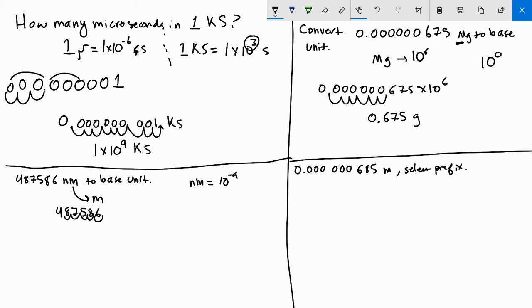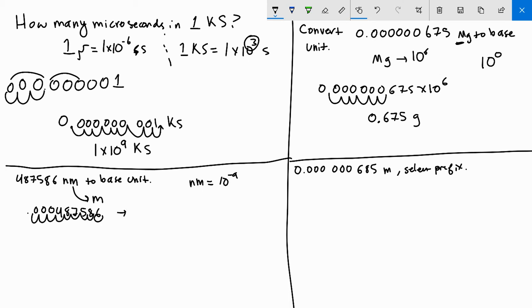Three, 4, 5, 6, 7, 8, 9. All right. So that's kind of confusing to read. I moved it back because I'm going from a smaller unit to a bigger unit. So I'm moving my decimal to the left. And I just wanted to get from my 10 to the negative 9 to 10 to the 0. So I just moved it over 9 times.